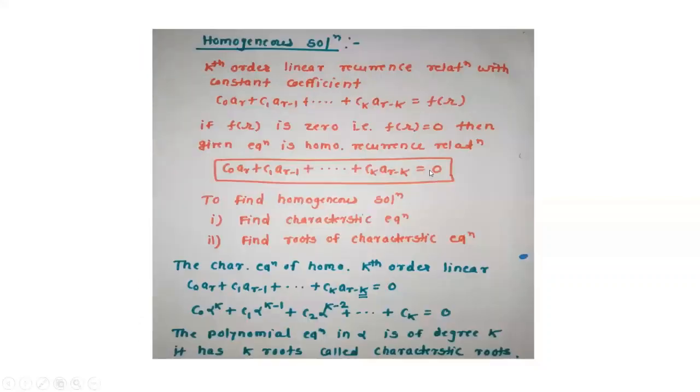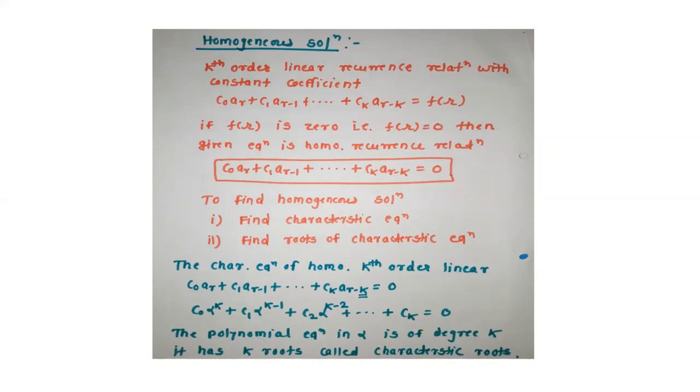The next is the homogeneous solution. So what is this homogeneous solution? The kth order linear recurrence relation with constant coefficients is C0 AR plus C1 AR minus 1 plus up to CK AR minus K is equal to F of R. So this is your kth order linear recurrence relation.